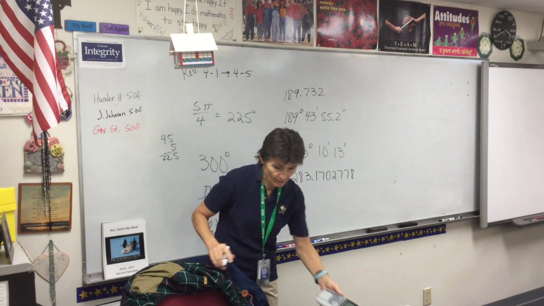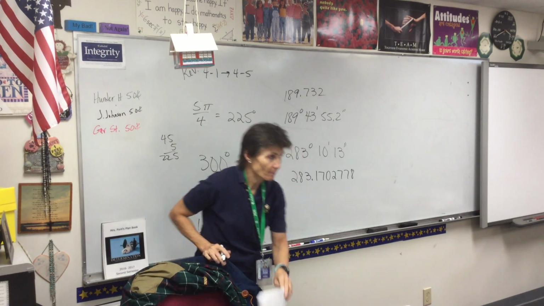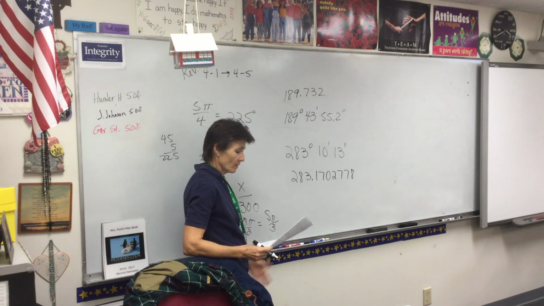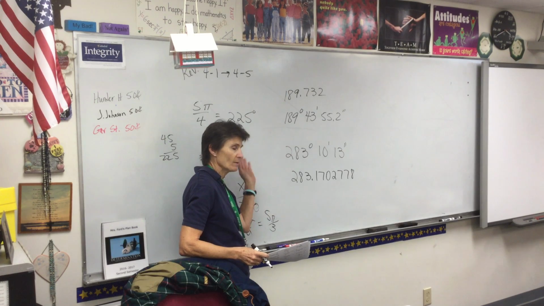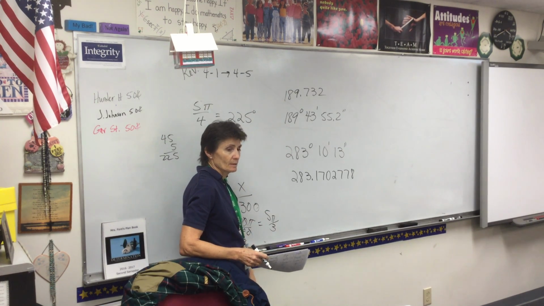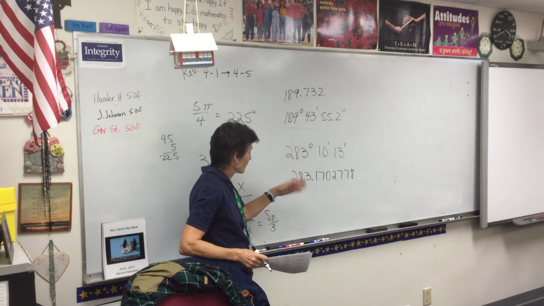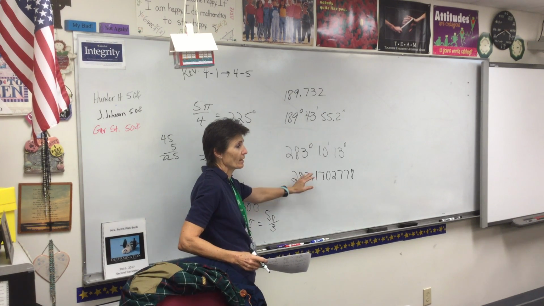That's your decimal degrees. You just type it in, hit enter. Well, there's no directions. I just wrote it down so you can see what it is. There'll be directions for rounding on the test. I don't want you hung up about that. This is what you should get on your calculator.